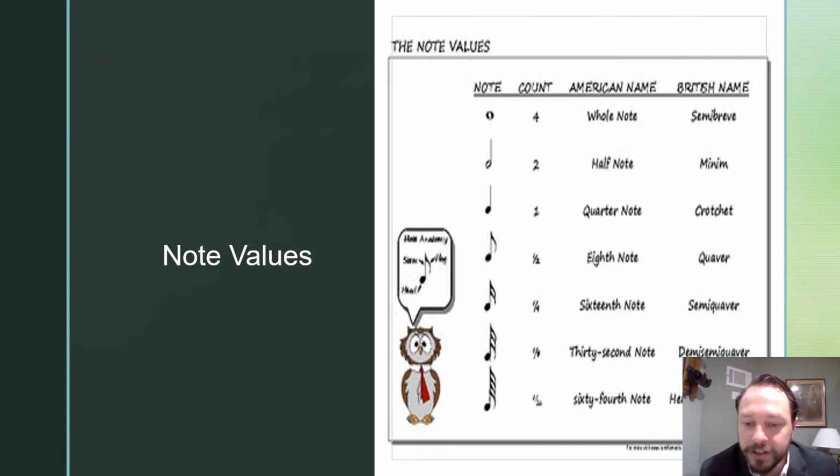These are several different types of notes, how many beats they get, what the name of the note is, what we call it here in America, and then what they call it in England, which is a little bit different actually. It's kind of funny how they would call it something different in a different country.